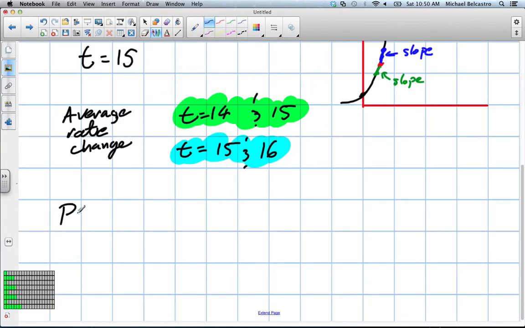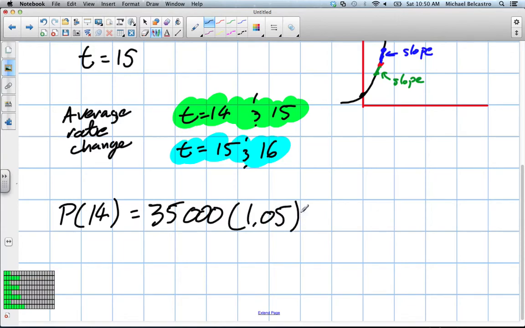To quickly do this, we're finding P(14) first, which is 35,000 times 1.05 to the power of 14.